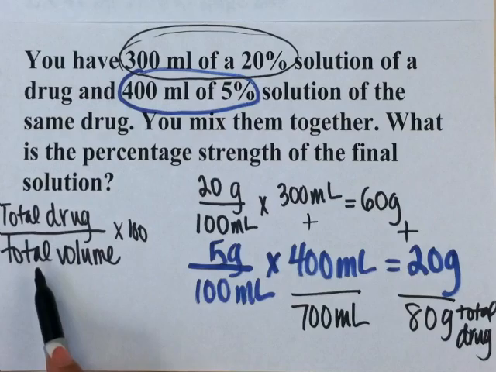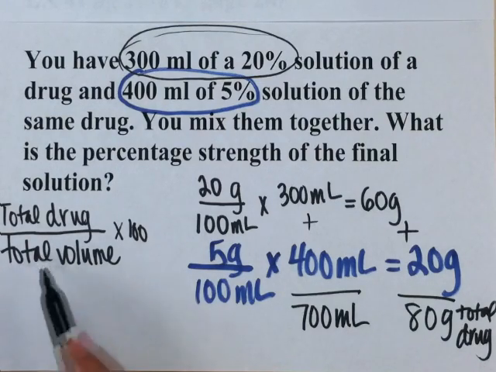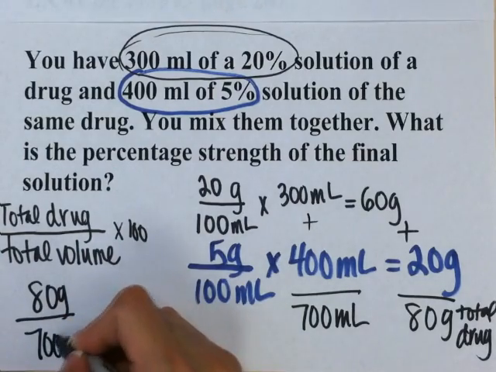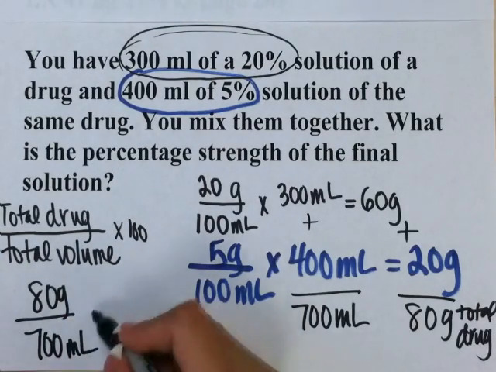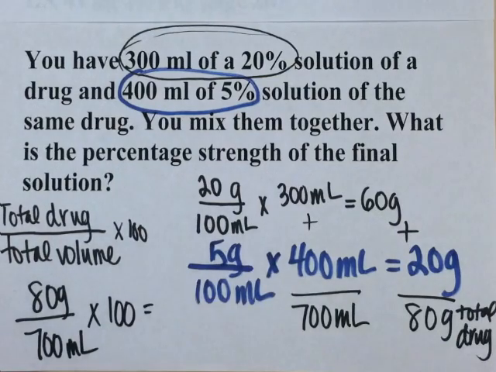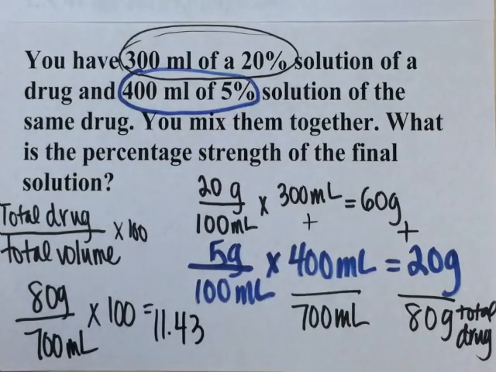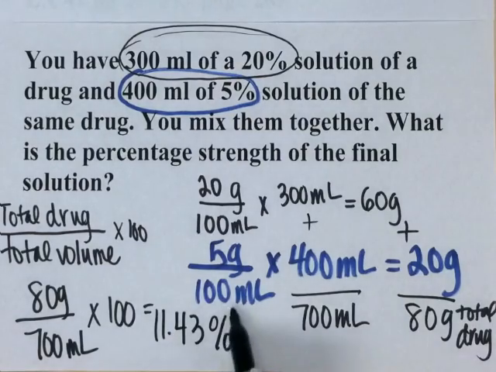So if I go back to this, I know that I'm going to take 80 grams over 700, which is my total volume, and I'm going to multiply this by 100 to get the final percent strength of the two combined volumes together. So 80 divided by 700 and then multiplied by 100, we get 11.43. And that is the final answer.